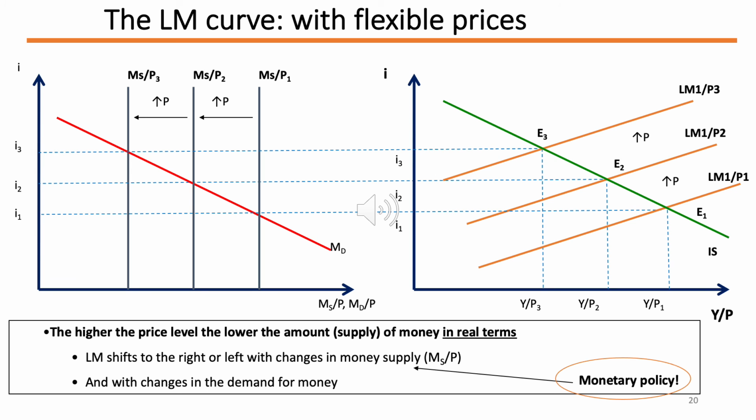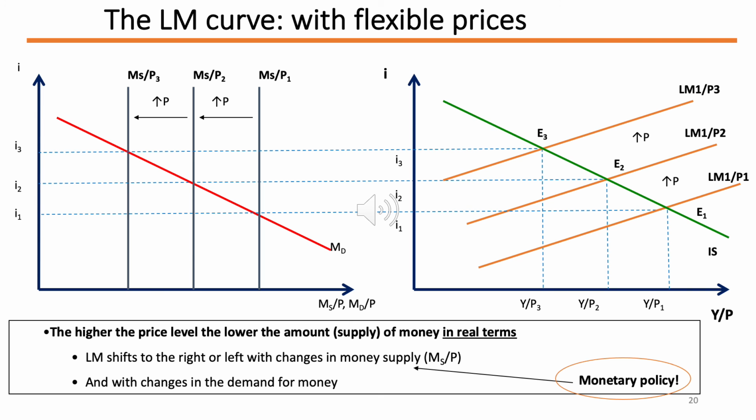So here you have the monetary market with the supply of money, MS over P, and the demand for money, the red line, declining with the level of interest rates. So starting from the first equilibrium, say that there is an increase in the price level. As I said before, now the numerator is the same as before.